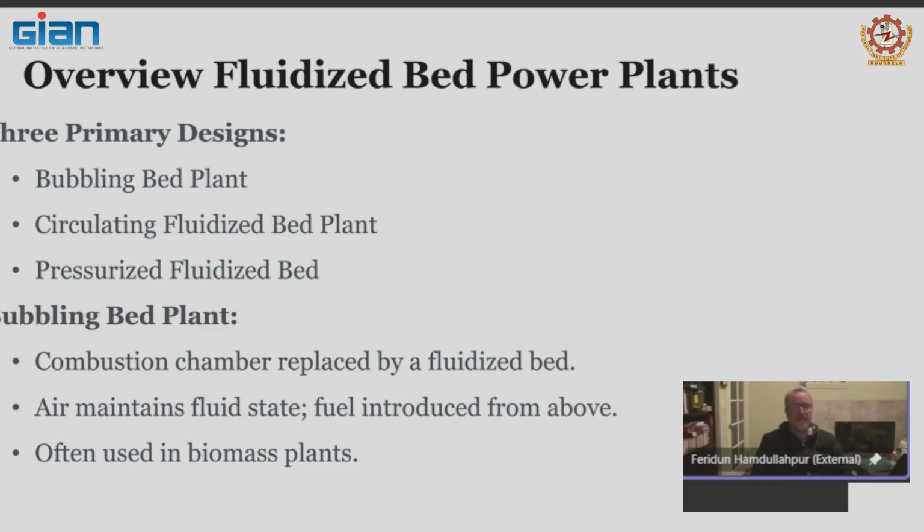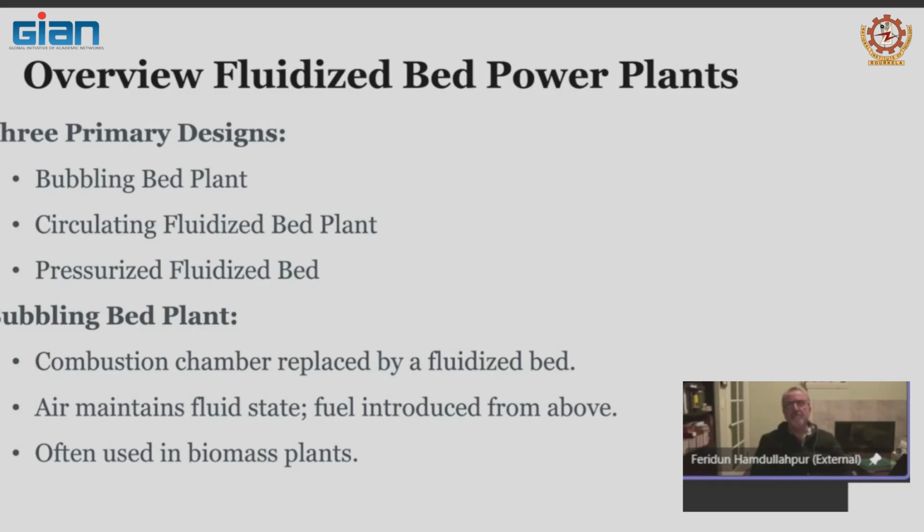efficiency, but of course a lot more expensive to build and a lot more expensive to operate. We're not going to spend a lot of time on the pressurized fluidized beds because of time limitation, and second, it's still in the development stage. Again, we know most about bubbling beds.